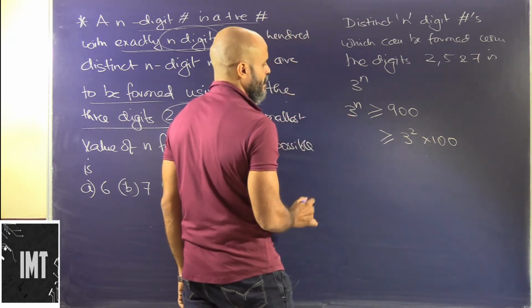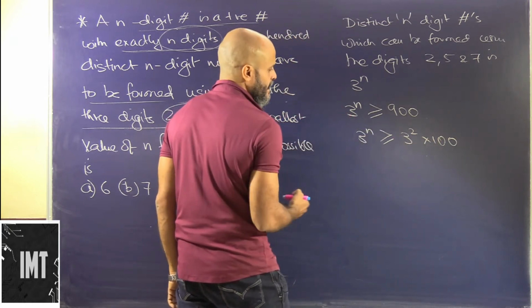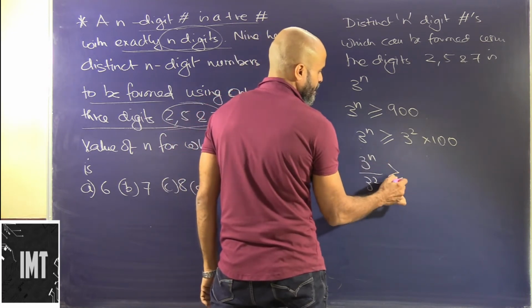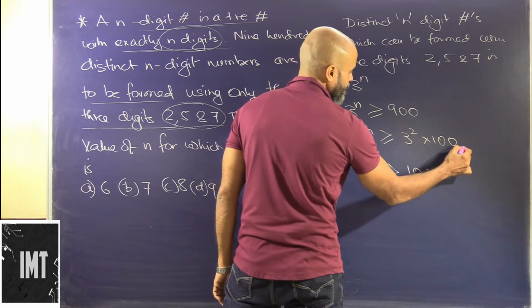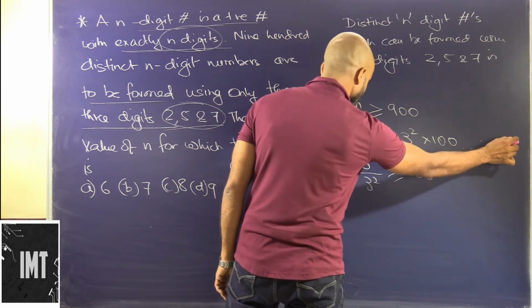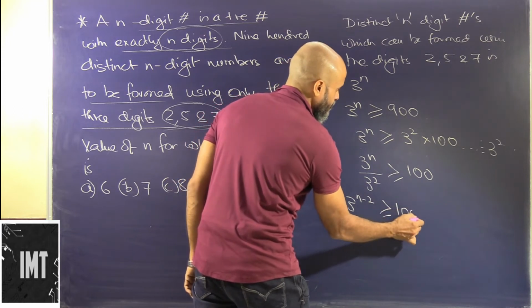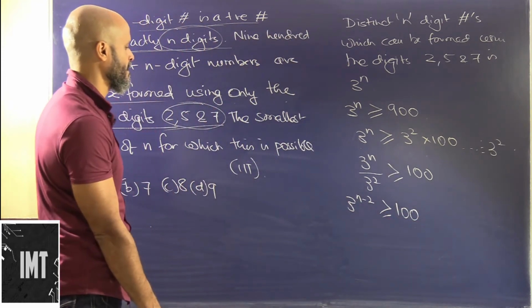This can be written as 3 square into 100. So 3^n is greater than 3 square into 100, which means 3^n divided by 3 square will be greater than 100. So we have 3^(n-2) is greater than or equal to 100, right?